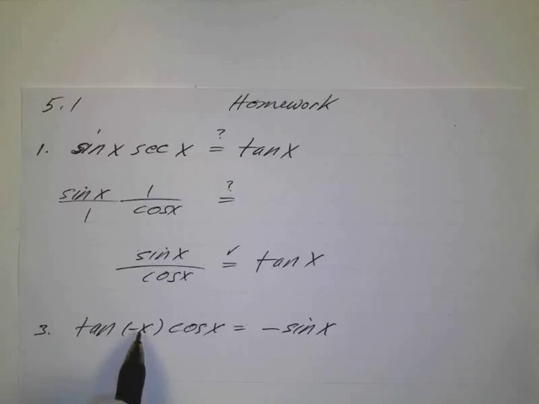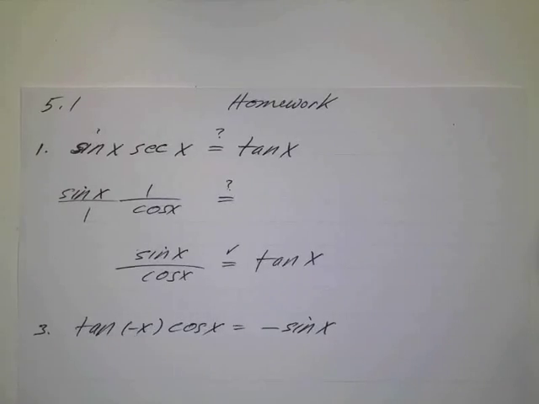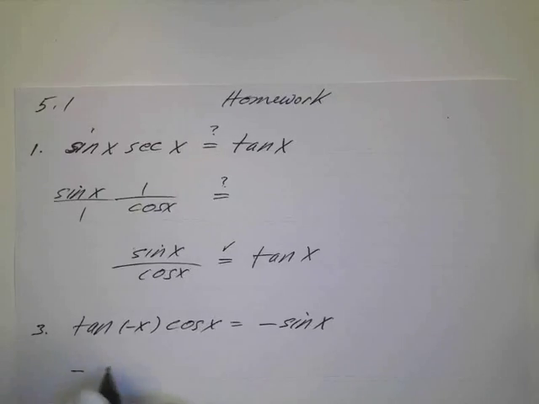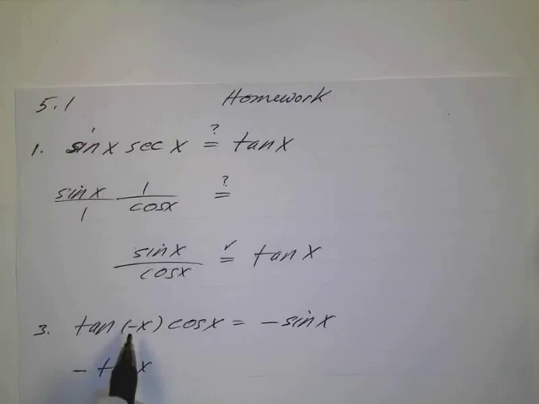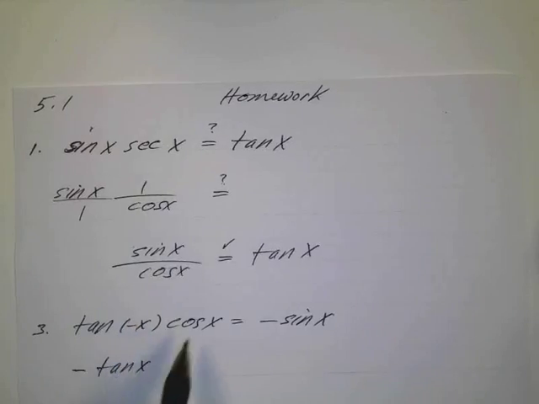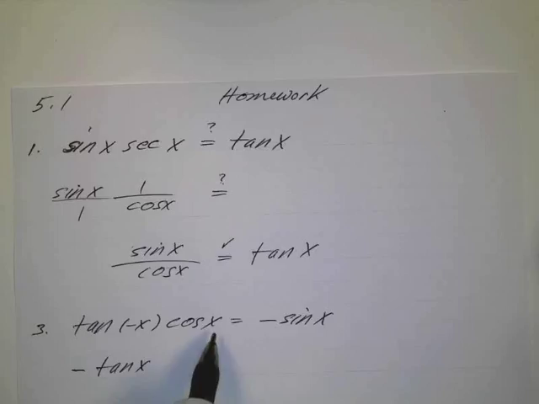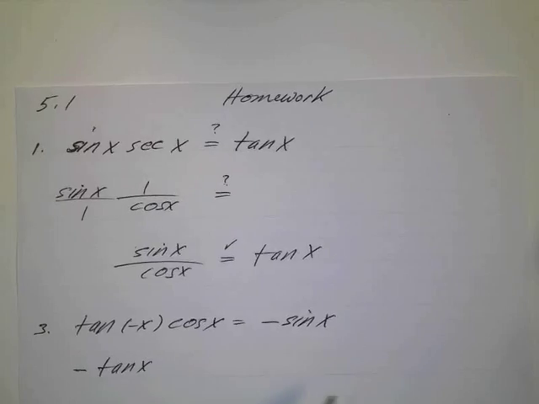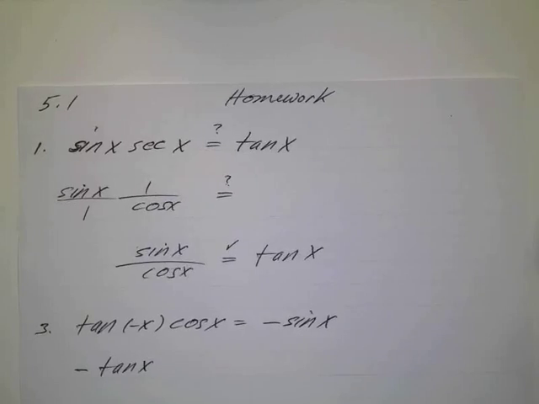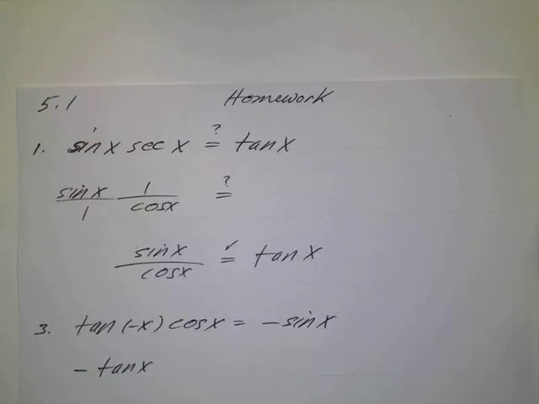Now remember, since the tangent is going to be negative in the fourth quadrant, the tangent of negative x is the same thing as negative the tangent of x. Remember, it's the tangent and the sine that reverse signs when they go into the negative because they're negative in the fourth quadrant. It's the cosine that doesn't reverse signs. The cosine of negative x equals the cosine of x because in the fourth quadrant the cosine is positive, and then if we take negative x, that's going to put it down in the fourth quadrant.